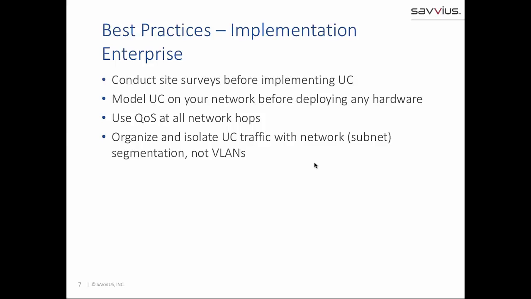So we need to remember, 10 years ago, unified communications mainly meant voice. And voice itself, though it has the real-time component to it, is very sensitive to those parameters that we talked about. It doesn't send a lot of data. It's mostly small packets, and the data rates are very low per call.